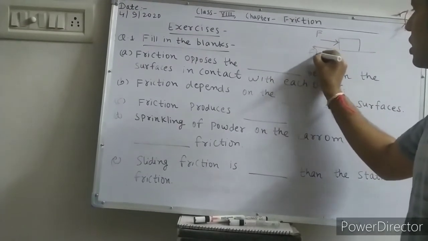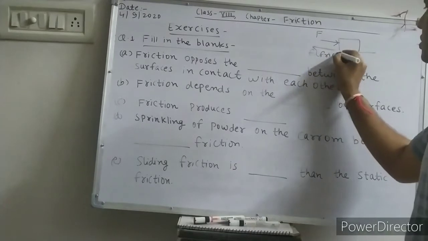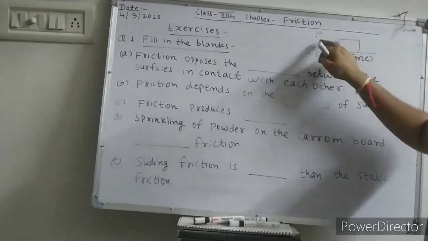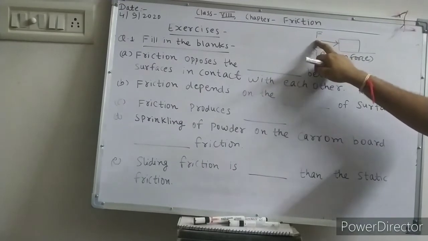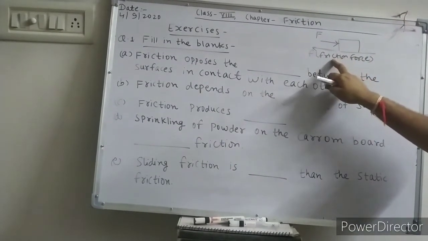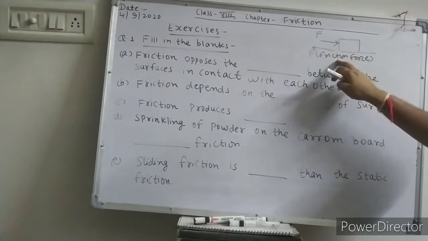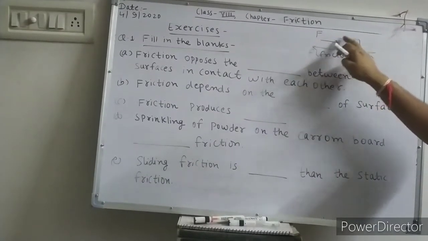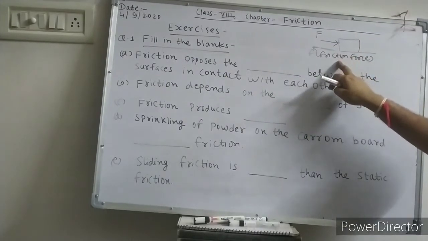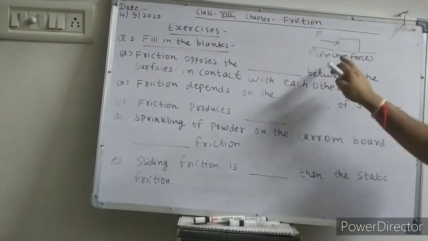This is called friction force. This external force wants to move that object, but this friction force wants to oppose the motion of the object.